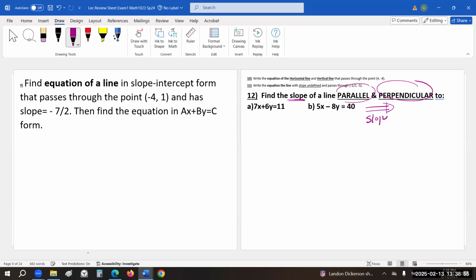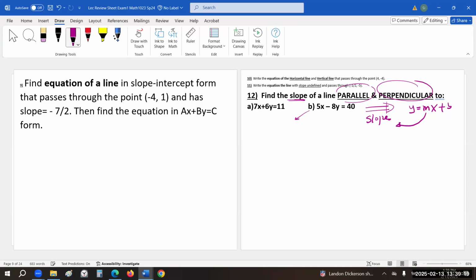We want to see the slope, right? So we convert into y equals mx plus b, because this m is the slope. If you don't see a slope, but you're finding the slope of the parallel or perpendicular, do something so you can see the slope.